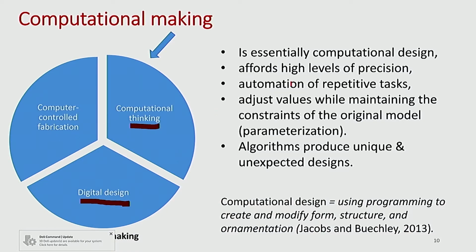And the advantage of computational making as opposed to other digital ways of designing things is that you can do precise stuff, you can automate repetitive tasks, you can do stuff that allows for parameterization. You can build something and give it to users, and users can just change parameters and you get different variants of the same thing. And also, algorithms can produce unique and fun stuff. And that's a message that comes mostly from people who use computational making in the fashion industry or also as artists.